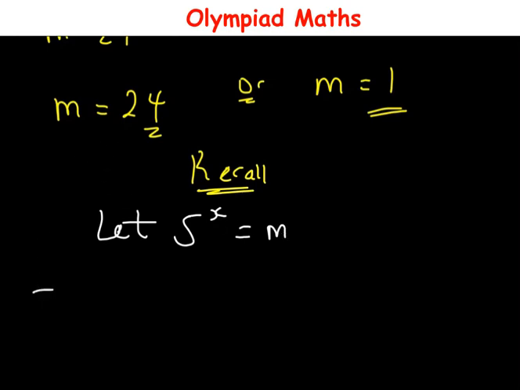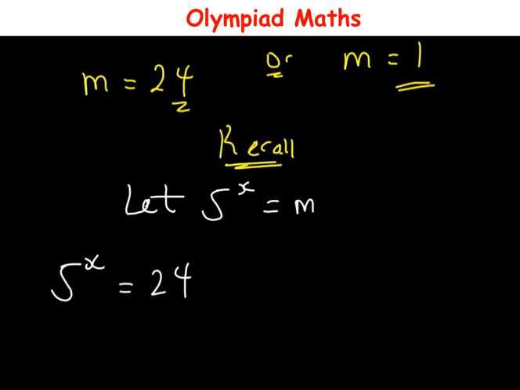So we have 5 raised to power x for the first value of m, which equals 24. So this equals 24. Right here, we have the base of 5, so we're going to introduce logarithm. So logarithm of base 5 of 5 raised to power x is equal to logarithm of base 5 of 24.